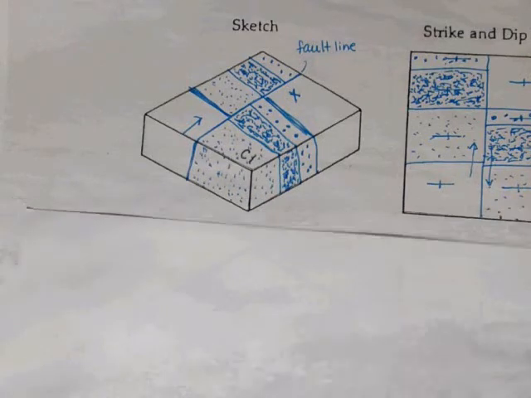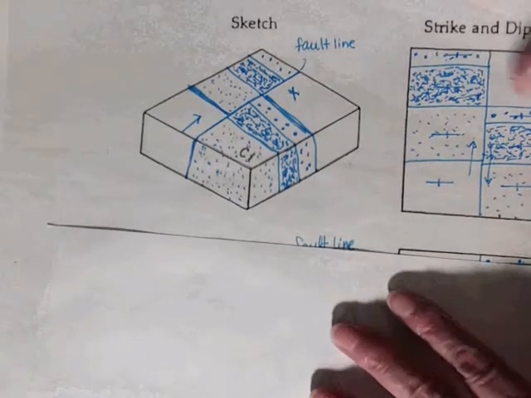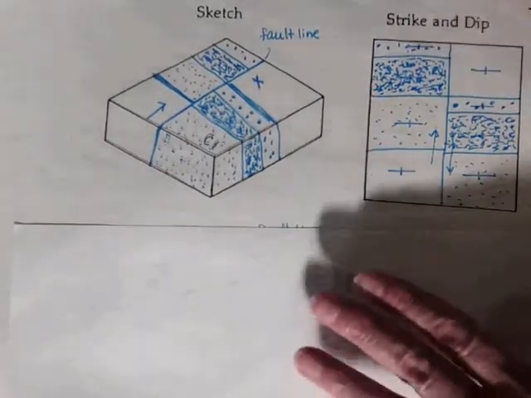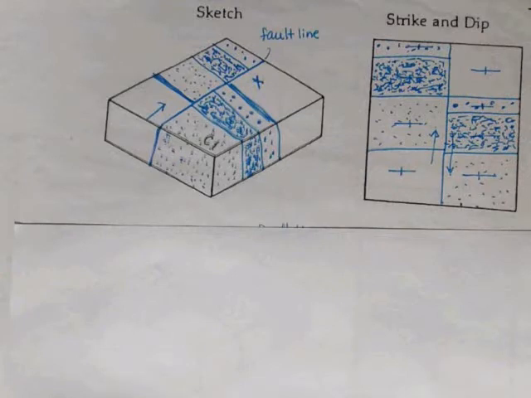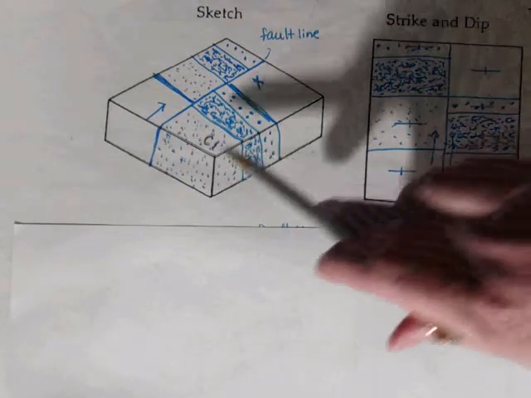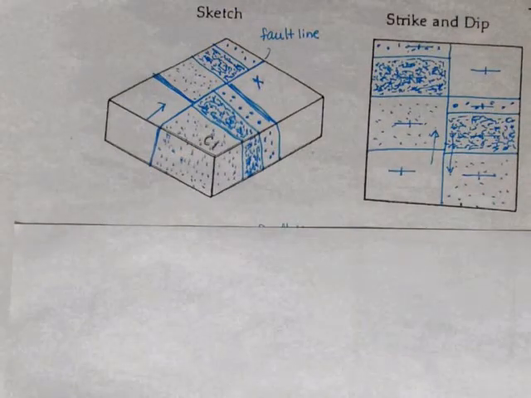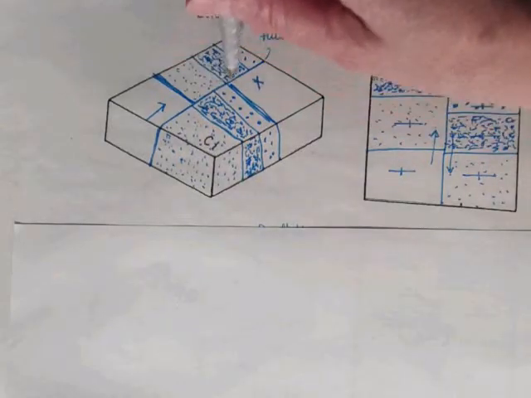Okay, let's put in some strike and dip patterns for this type of structure. If you remember back on page 3, these are some severely tilted layers, tilted to the point that the dips are going to be at a 90-degree angle.